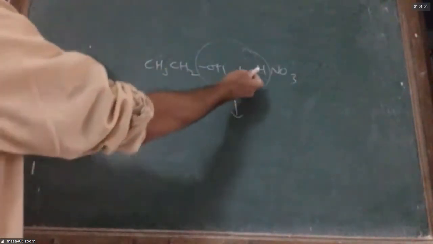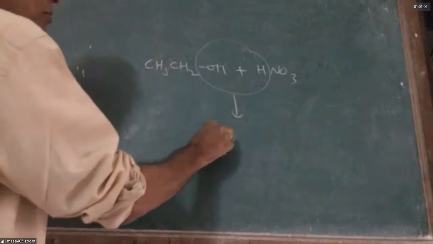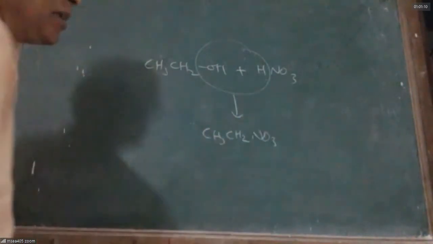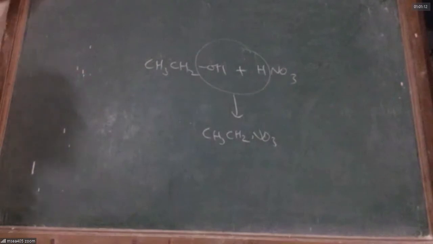The OH of alcohol and H+ of nitric acid will be removed. I get ethyl nitrate. So there are many reactions where OH can be replaced by other nucleophiles.